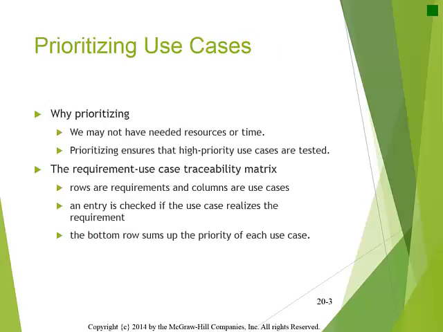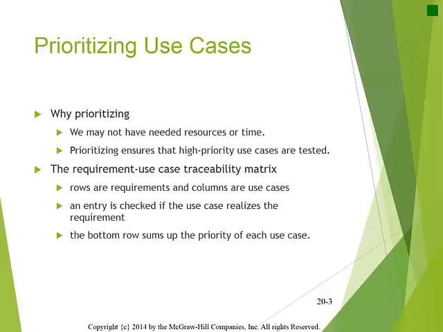Use cases are prioritized to ensure that the highest quality use cases are tested, as resources and time may be at a minimum. The requirements use case traceability matrix contains rows of requirements and columns of use cases.